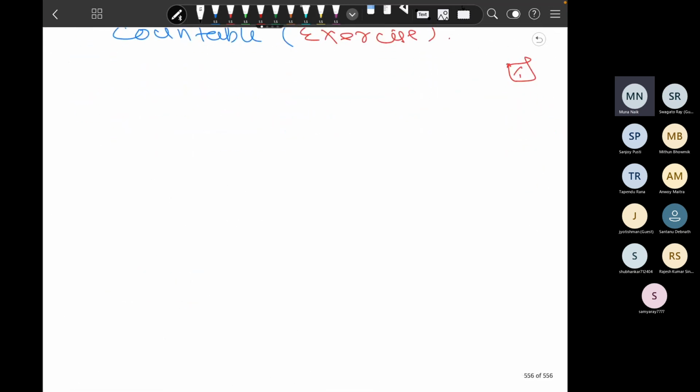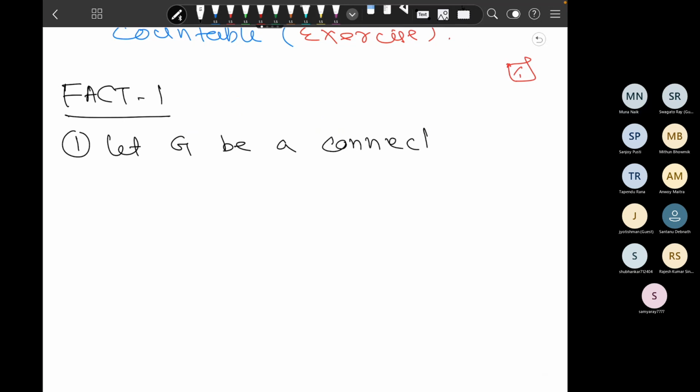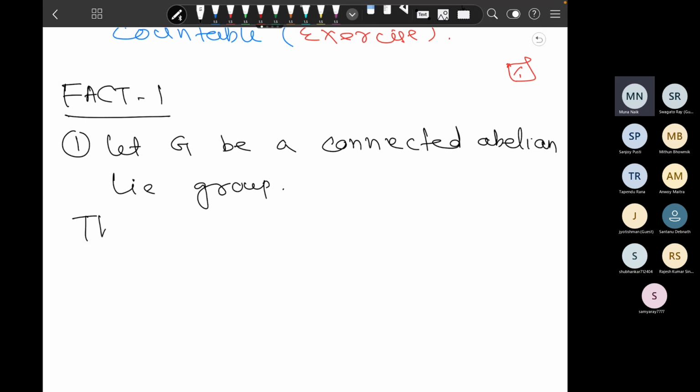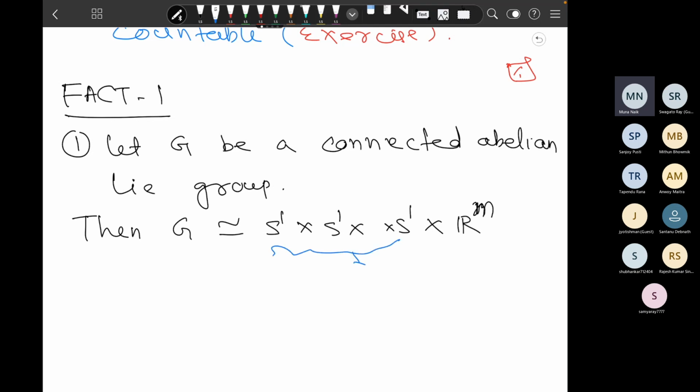Now, one fact about Lie groups. Fact one: let G be a connected abelian Lie group. Then G is diffeomorphic to S^1 cross S^1 cross something like R to the power n, where the circle appears k times, and this is a diffeomorphism.